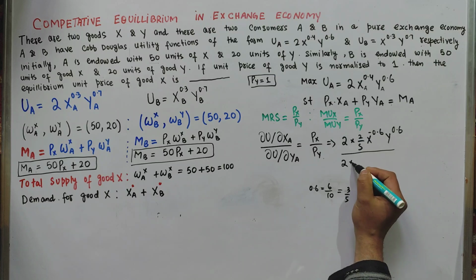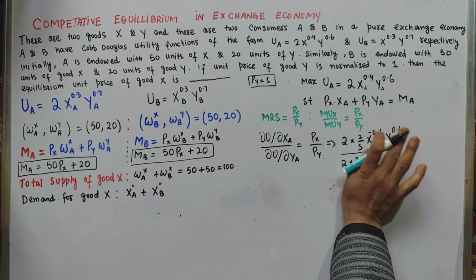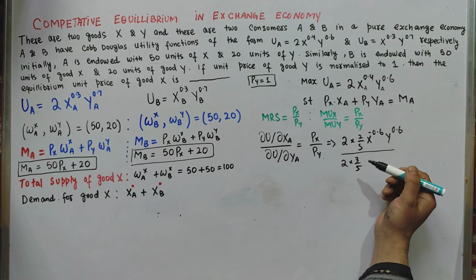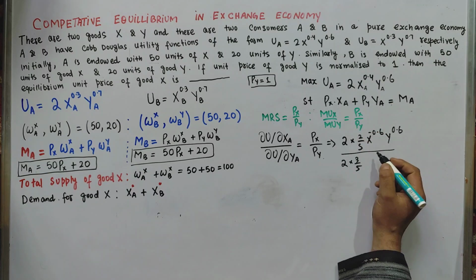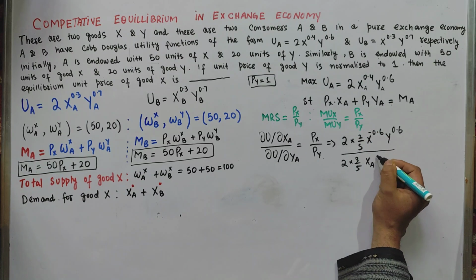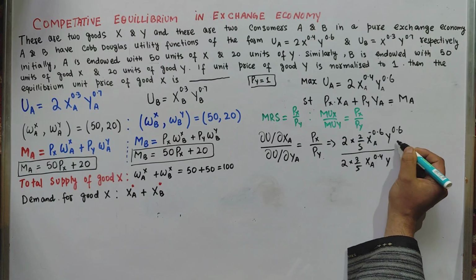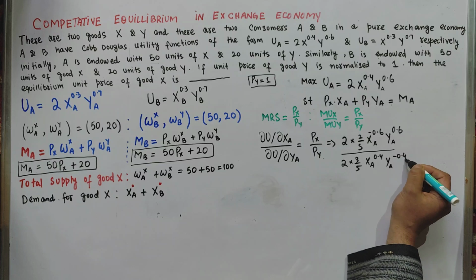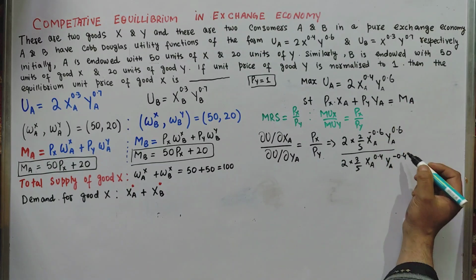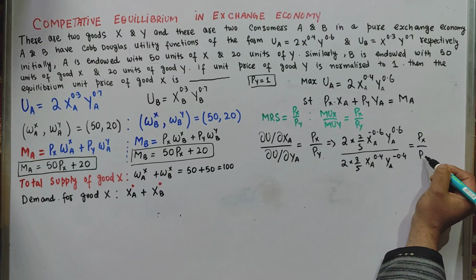Okay, so we have here 3 upon 5, then we have x_A raised to the power 0.4 and y_A raised to the power minus 0.4, because subtracting 1 from 0.6 gives us minus 0.4, and it should be equal to price of x upon price of y.